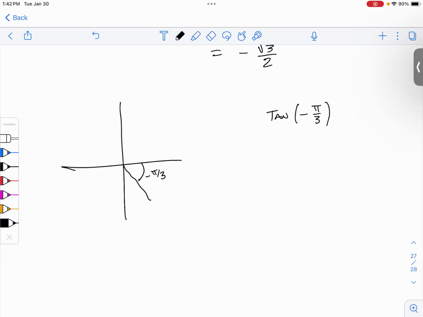And that just goes down to quadrant 4. So tangent of negative pi over 3 becomes tangent of pi over 3, and then is tangent positive or negative in quadrant 4?